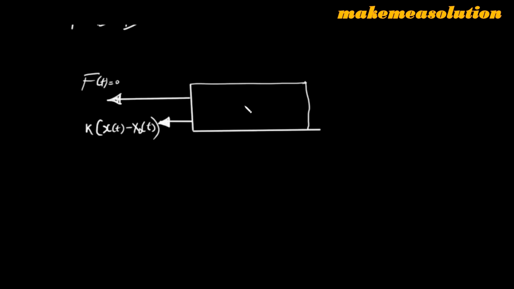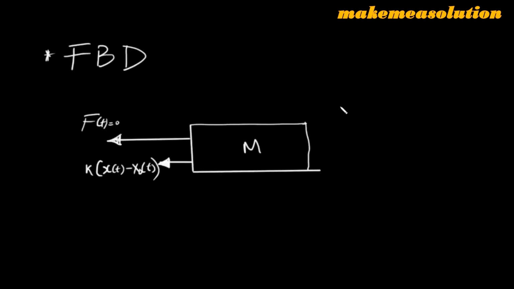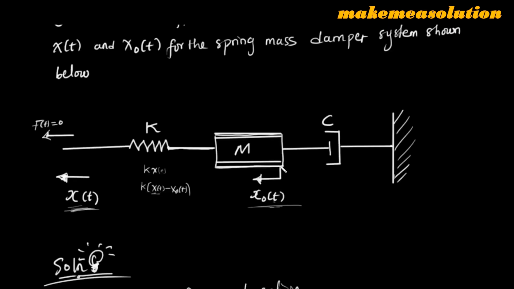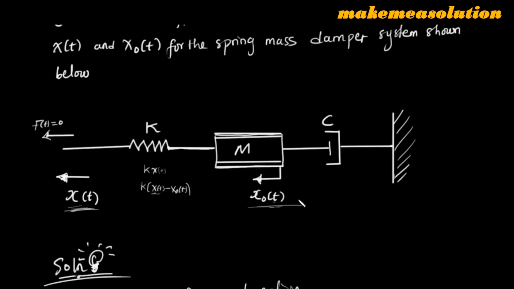So what are the forces that are affecting the mass? Of course, we have to take note of inertia. Inertia is proportional to the acceleration, that's m d2. Since the motion of the mass is dependent on x naught of t, inertia will be expressed in terms of d squared x naught over dt squared. Then finally, another force that is acting in the opposite direction is the damping force. The damping force is also related to this variable x naught of t.